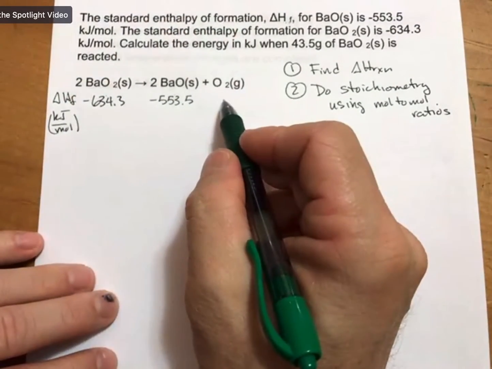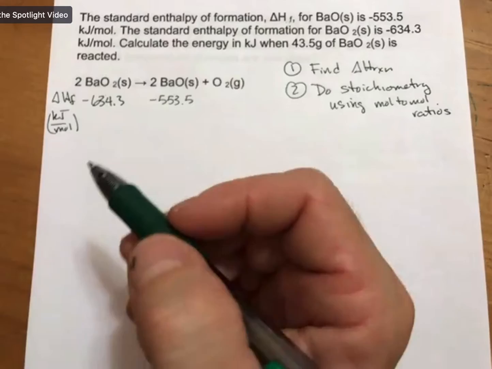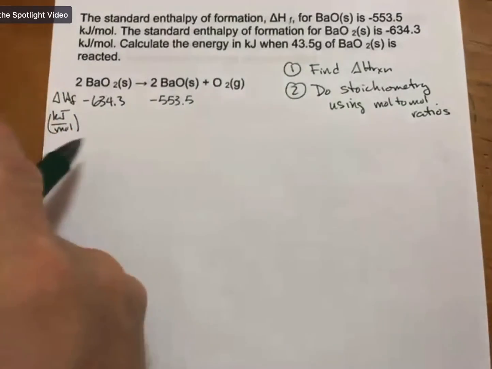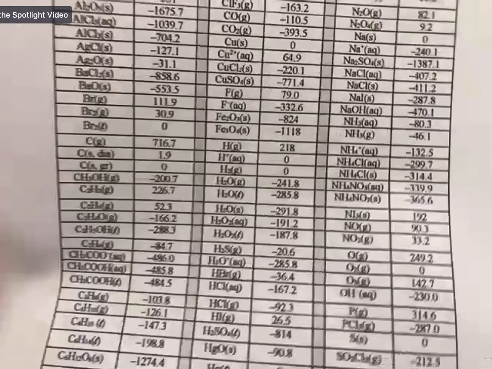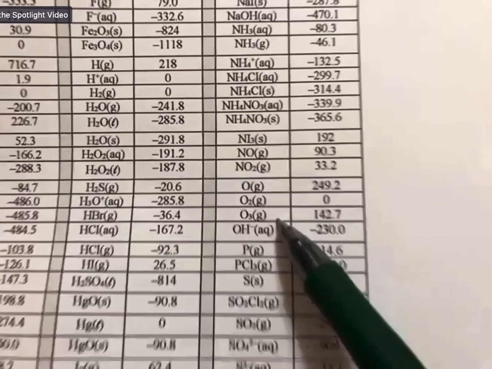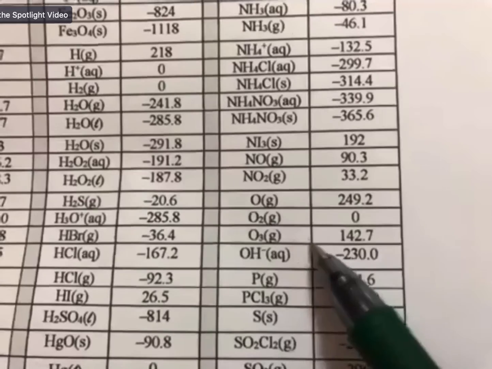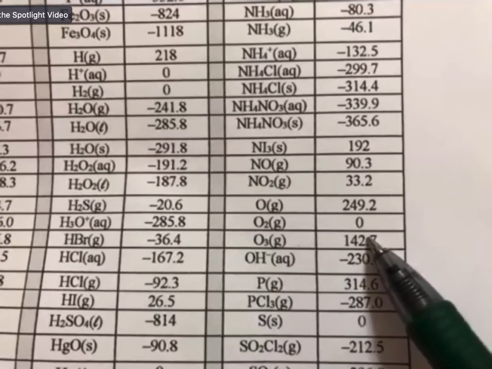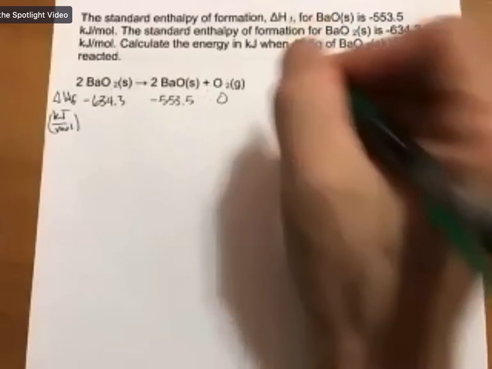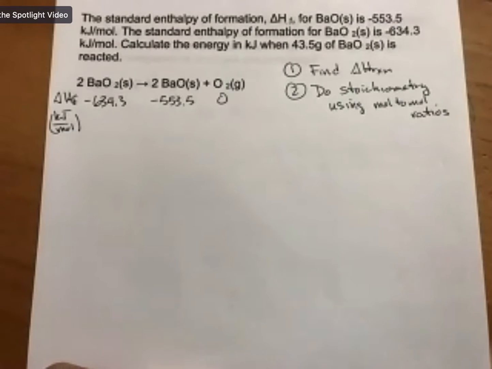And oxygen, which is not given, we do have to go to that list for. Oxygen, right here, O2 gas is 0. And so yes, we can ask you to use that sheet.